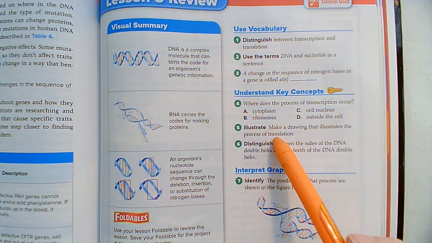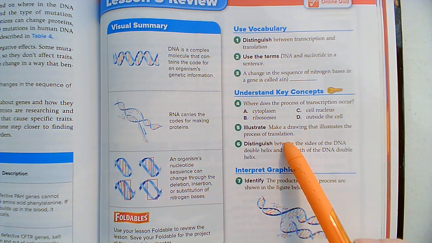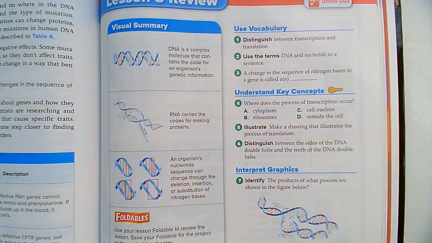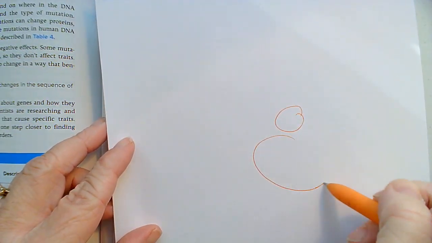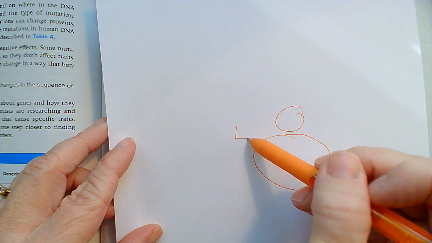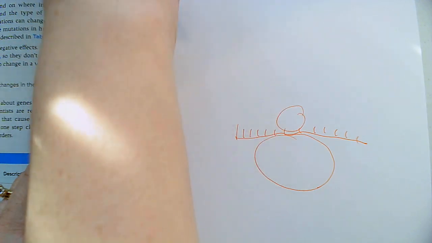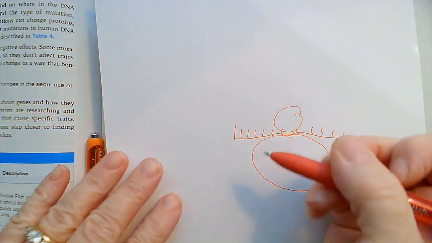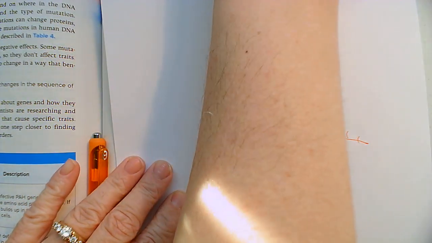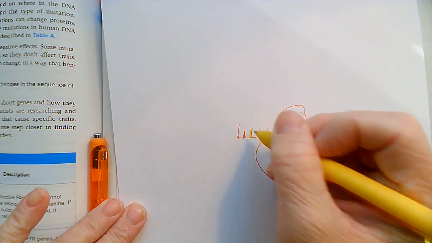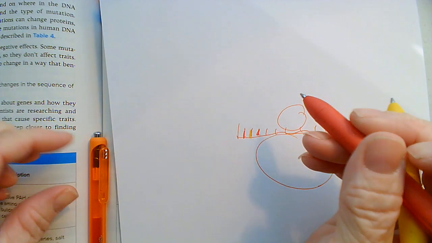Number 5, make a drawing that illustrates the process of translation. If I was going to do that, I would probably show something like a ribosome with maybe the messenger RNA in here. And I could show different colors representing the different bases sticking out of the messenger RNA.